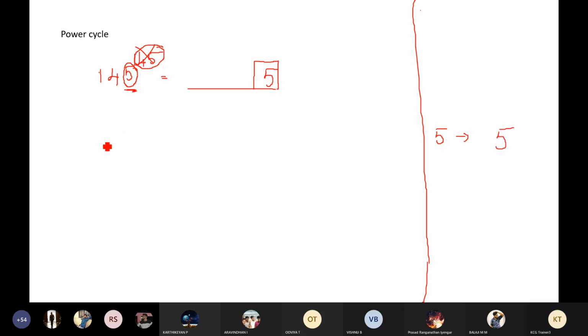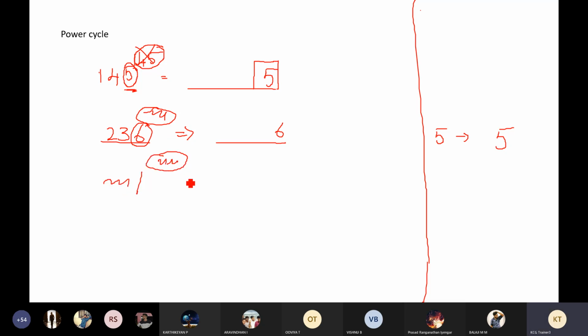Similarly, if the last digit of the base value is 6, let's say 236 power any number, you don't have to worry about what number it is. The last digit is going to be 6. Similarly, any number that ends in 1, power any number, what will be the last digit, guys? It would be 1.